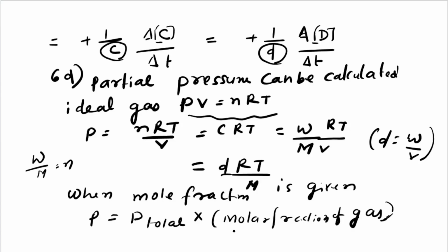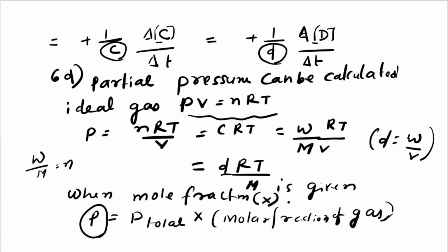And so for mole fraction, P equals P total into X. So what is P here? Partial pressure. See correctly, this P means partial pressure. P total means, if many gases are there, the combination of all the pressures. Then X means molar fraction of the gas.